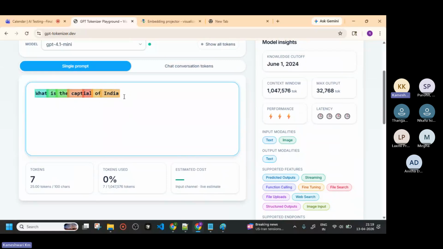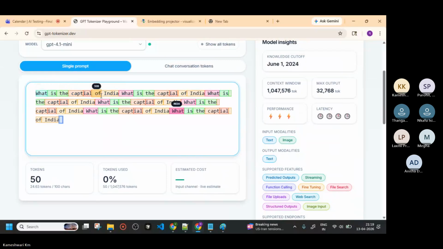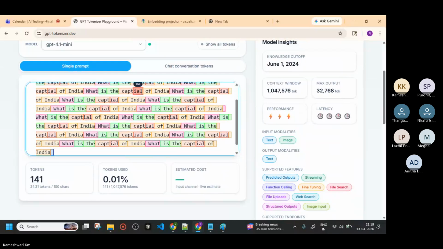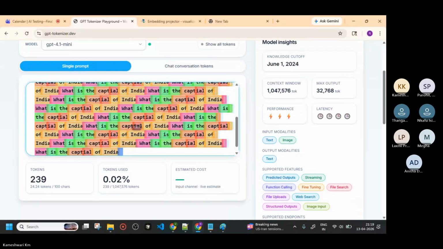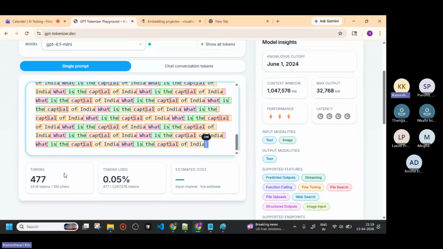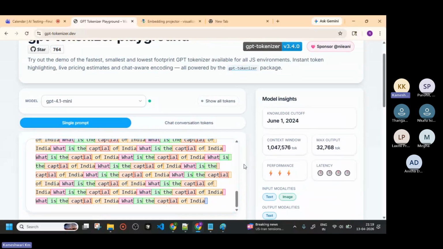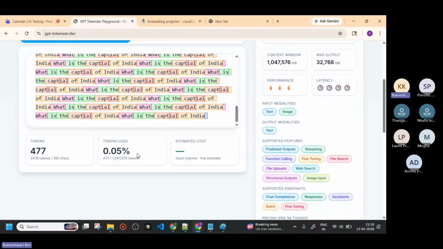If I make a copy paste, let me copy paste and see how much time it will take. Even though I have used 477 tokens, it is not taking that much amount. Still, there was no cost shown.